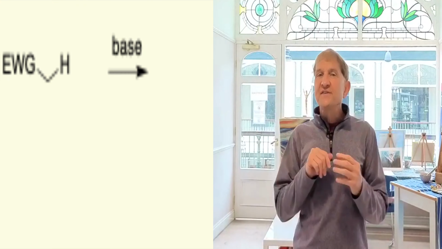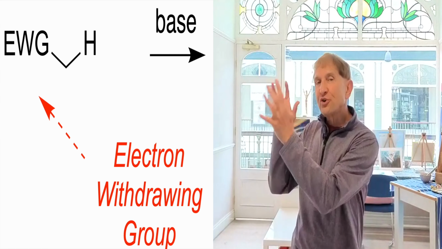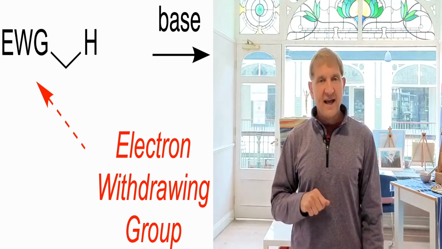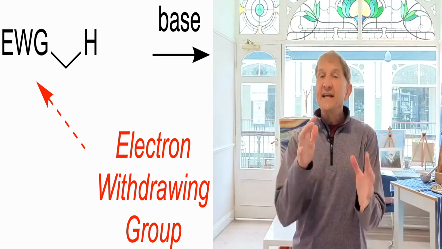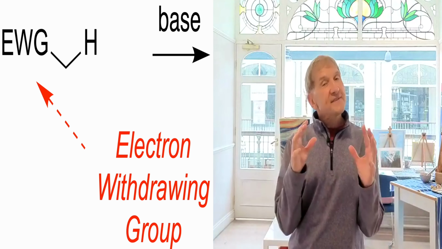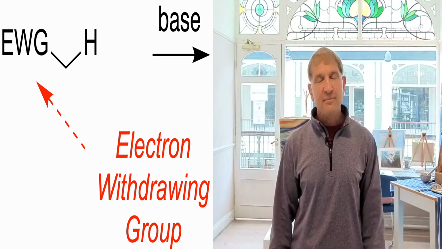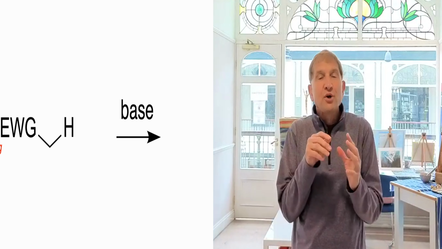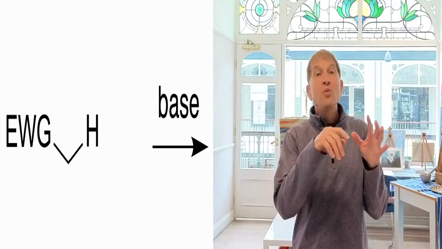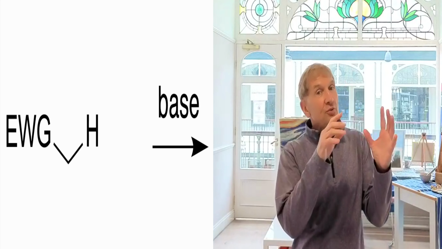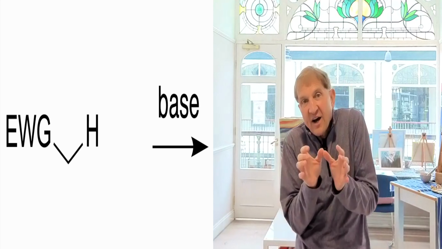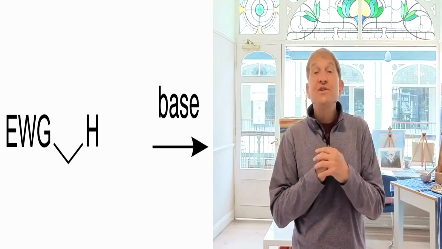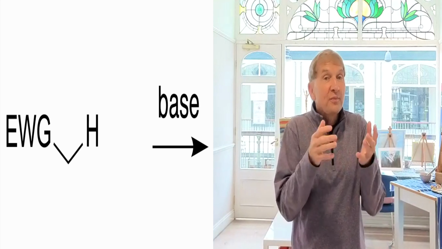And let's not consider the electron withdrawing group, EWG, at this time. We'll draw the enolate formation as simply as it possibly can be drawn. A base approaches a molecule with an electron withdrawing group, EWG, and an alpha CH, which is acidic because it can form an enolate.